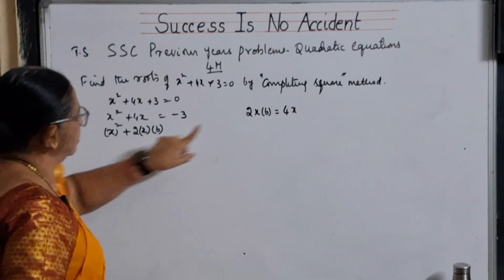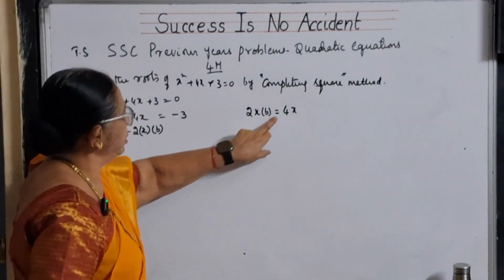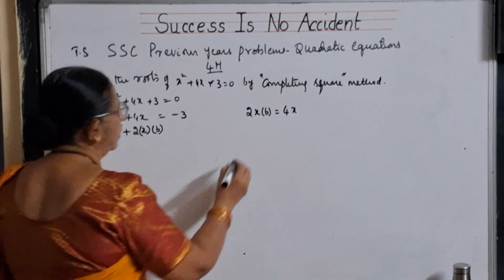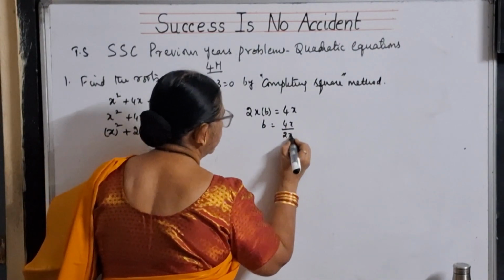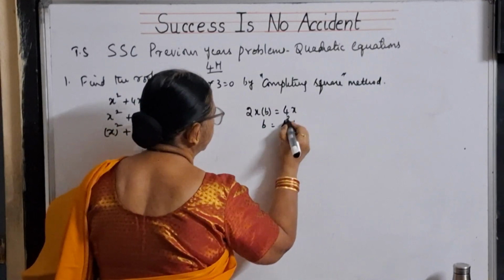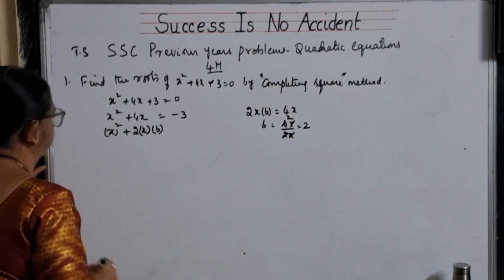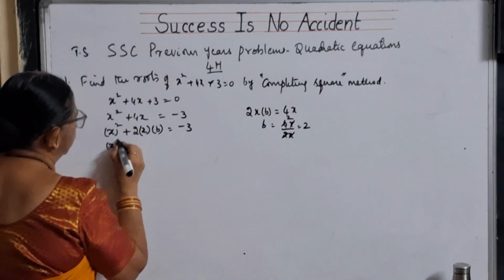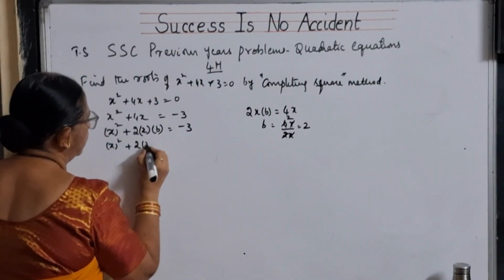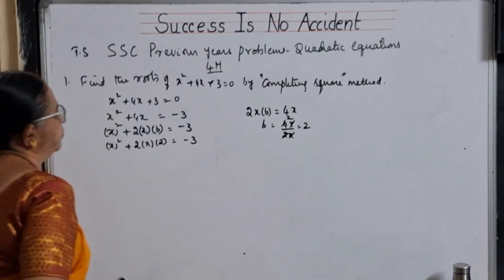So what I have done, this is a rough work children, in which 2 into a into b is equal to 4x. So I want b. b is equal to 4x by 2x. X will get cancelled, 2 2s are. So I have got b value as 2. That means this can be written as x whole square plus 2 into x into 2 is equal to minus 3.